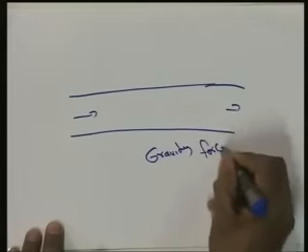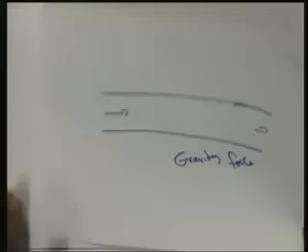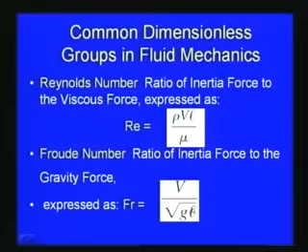So here the Prandtl number is another important dimensionless group, especially used in open channel flow. It is the ratio of inertia force to gravity force, and it is expressed as Fr equals V by root GL, where L is the characteristic length.